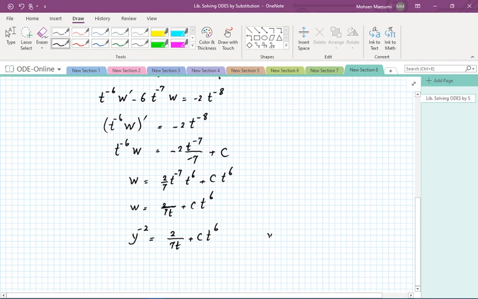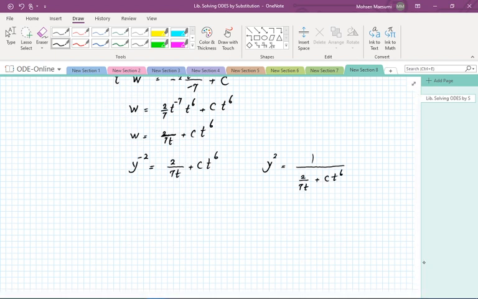Reciprocate both sides, so this becomes y squared is equal to reciprocal of that. At this stage, different people have different styles of simplifying this. Feel free to take common denominator and clean this up further. Y, take a square root, so I'll have a plus or minus, and then square root of 1 over 2 over 7t plus ct to the power of 6.